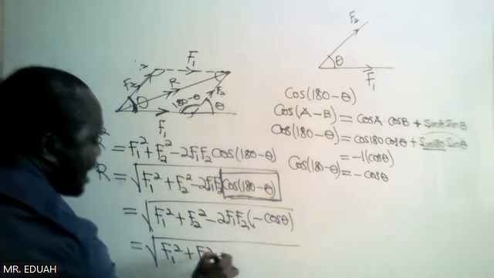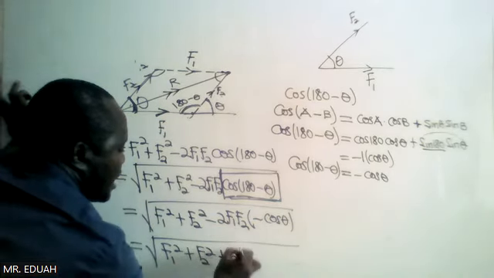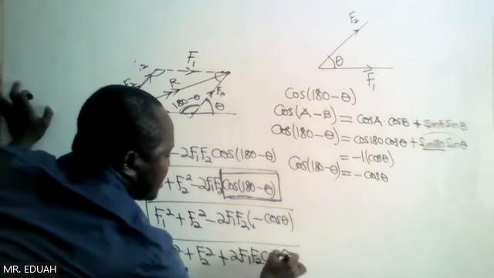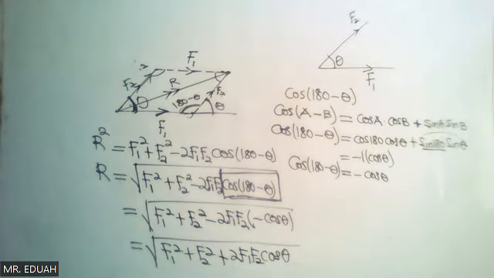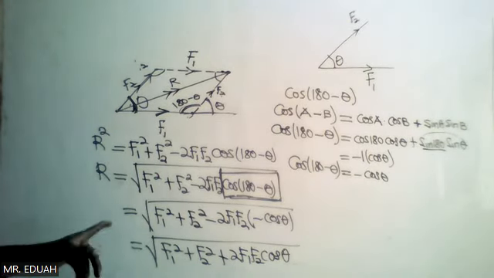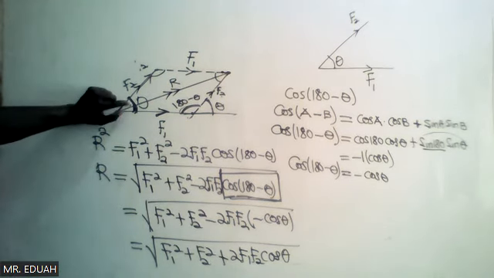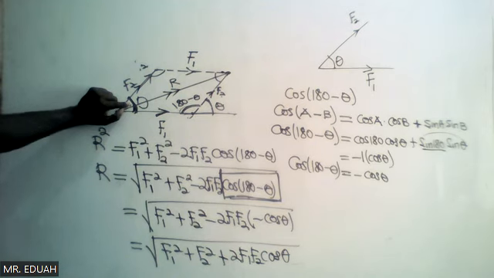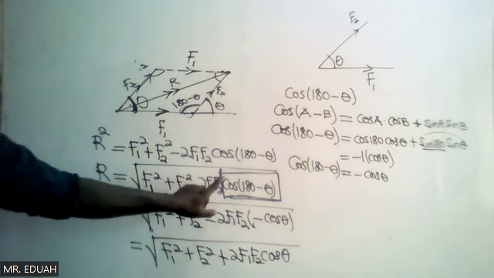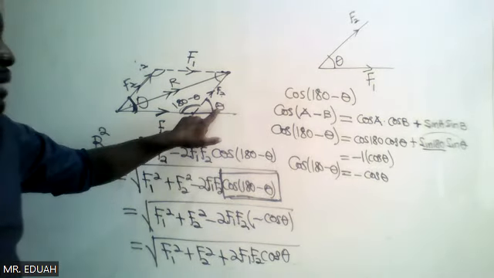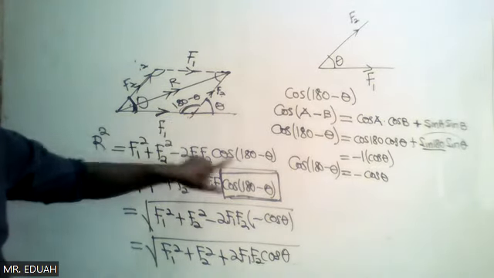Negative times negative, I have plus 2F1 F2 cos theta. So what it means is that if the angle between the forces is theta, I can use cosine of the angle theta without subtracting this from 180.